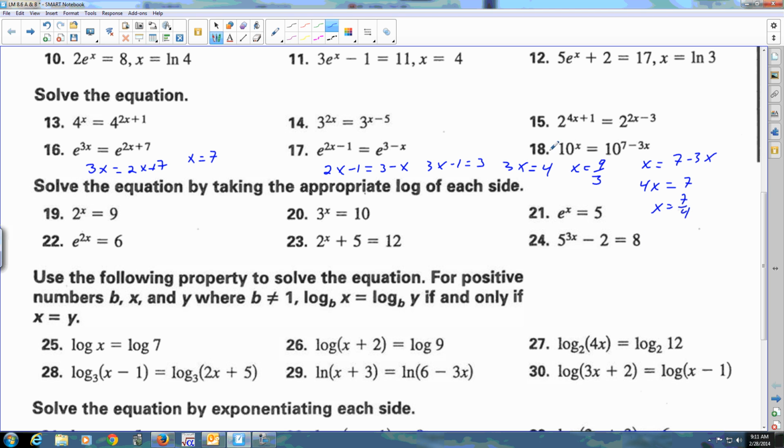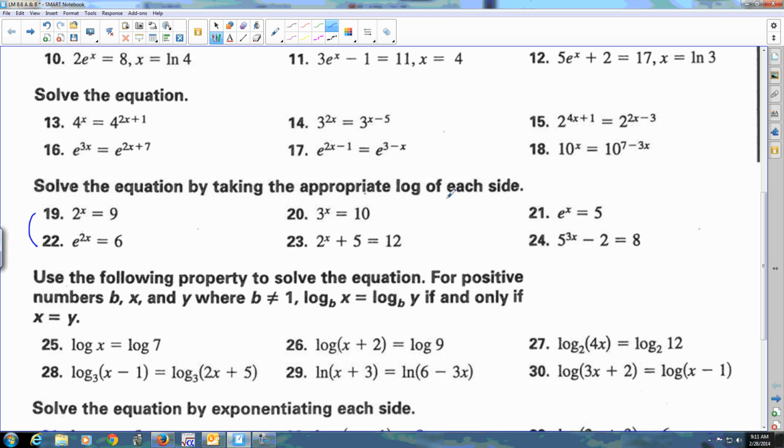Now these next ones, yes, they do involve logarithms. All you're doing here is translating these. They're written in what's called exponential form, not in logarithmic form like these are down here. Simply translate them. Log base 2 of 9 equals x.